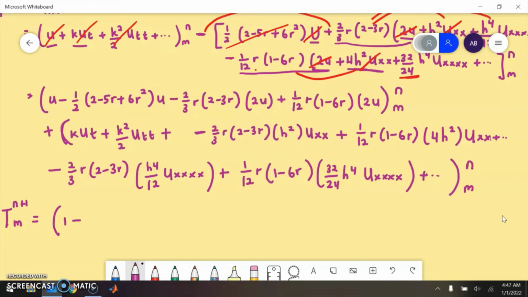So I have 1 minus 1 plus 5/(2r) minus 3r² minus 4/(3r) plus 2r², and I'm going to multiply by 2.